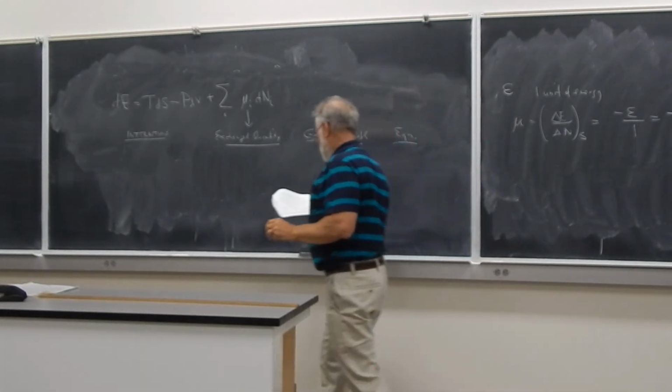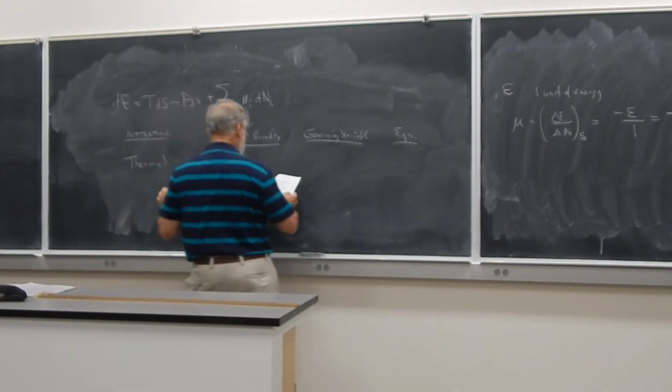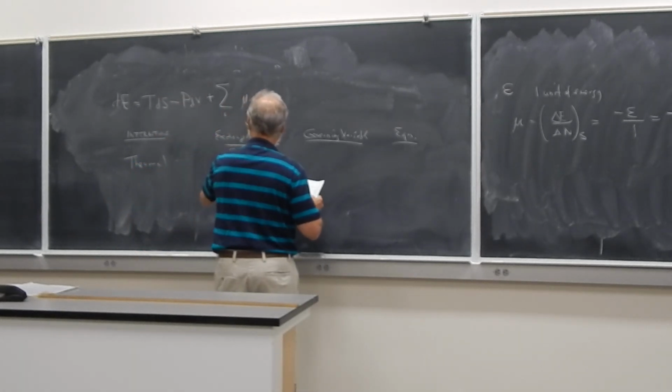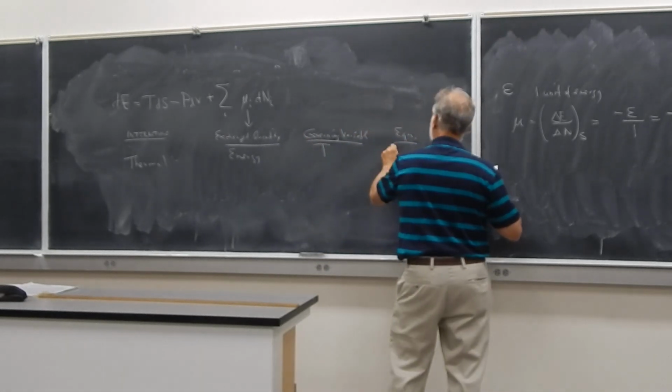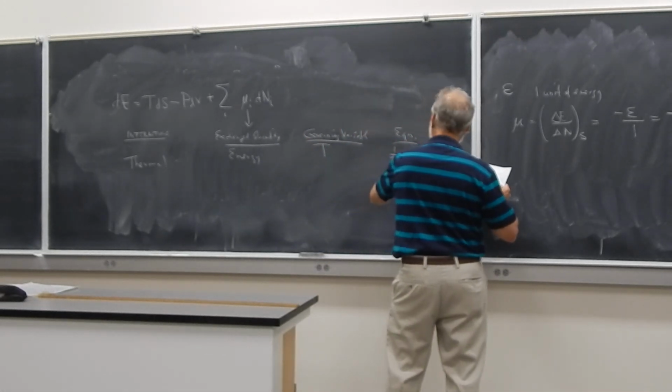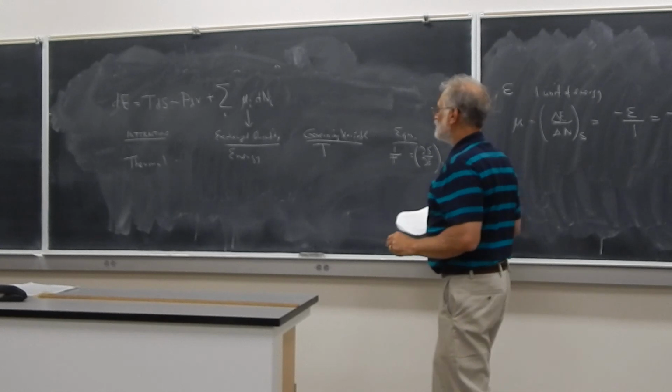And so we can talk about a thermal interaction where the exchange quantity is energy, the governing variable is temperature, and of course the equation is 1 over T is equal to dS dE at constant volume and number of particles.